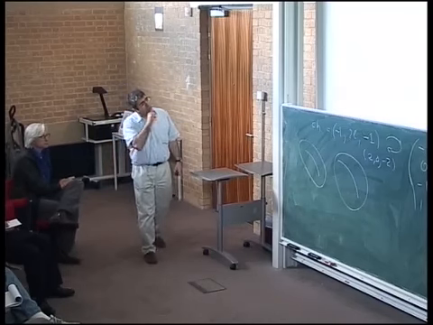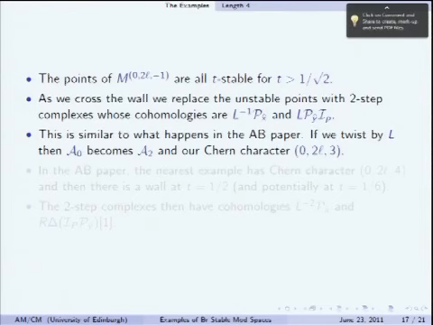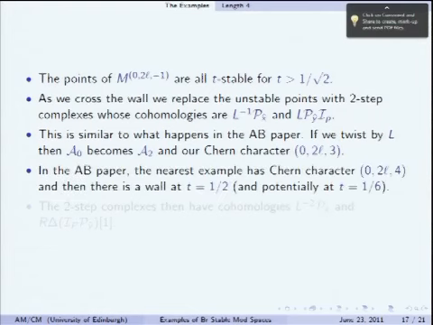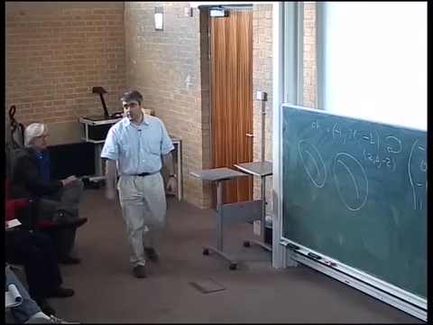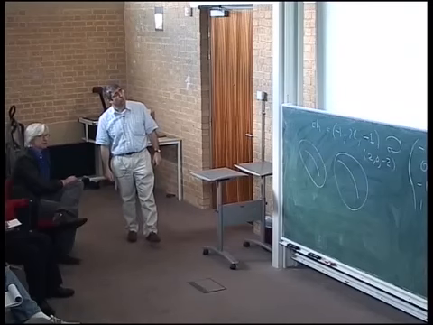To make it closer to the AB paper, we can shift our A0 to the case they consider, which is AH squared over 2, which in our language is A2. And in that case, the Chern character twists up to 0, 2L3. Again, it's not quite their example because they need beta squared, so it's really 4 in their paper. And in that case, there would be a wall at a half, if only it weren't reducible. And probably a wall at a sixth as well. Okay, you got a single wall there.